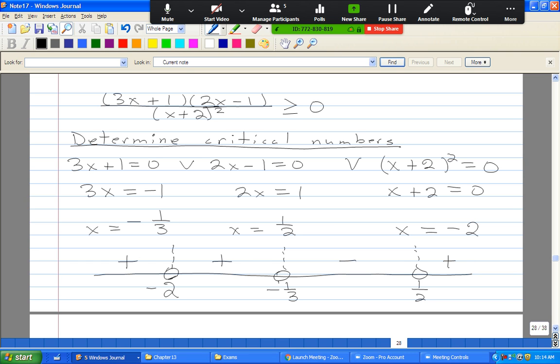We want this to be greater than or equal to 0.